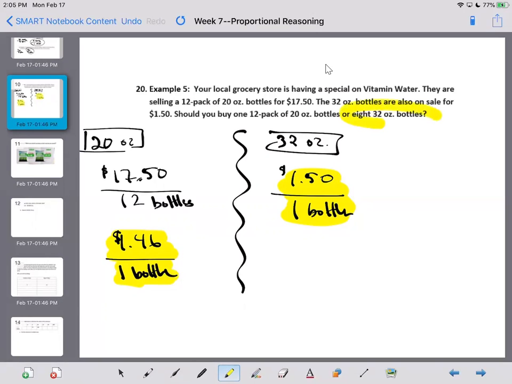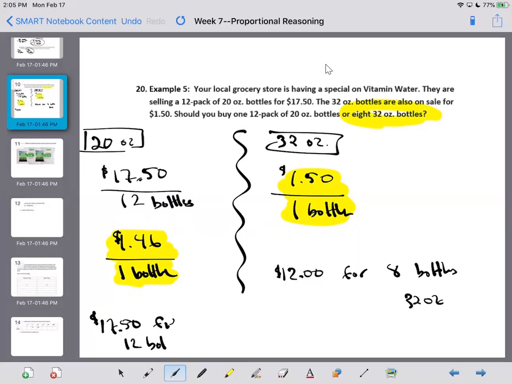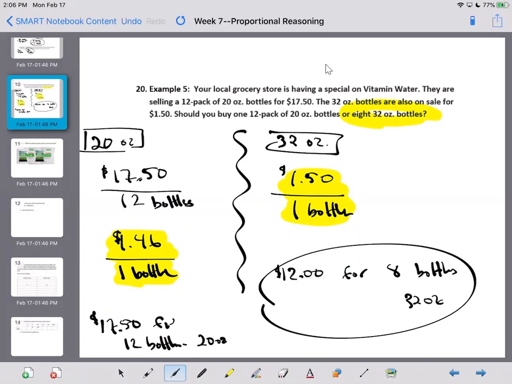I'd rather buy 8 of the 32-ounce bottles, because that's going to give me $12 for 8 bottles that are 32 ounce. Here, it would be $17.50 for 12 bottles of the 20 ounce. So I'm spending less, but a big deal of it is that we compared.